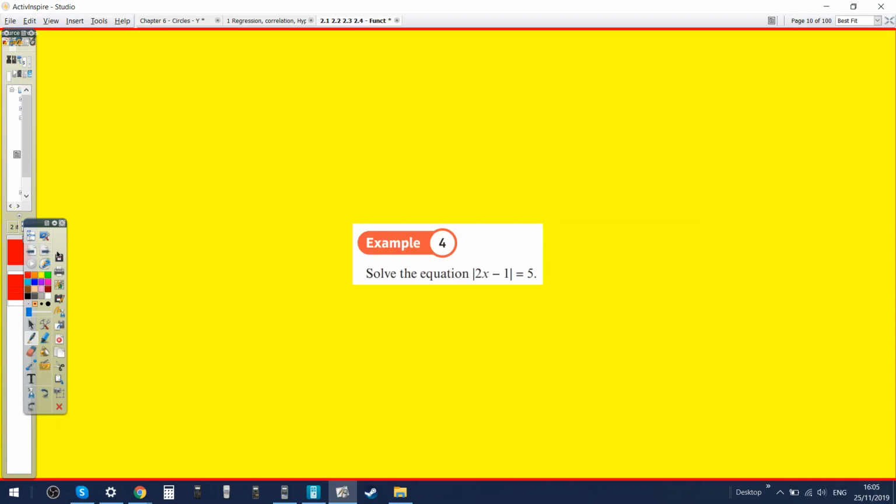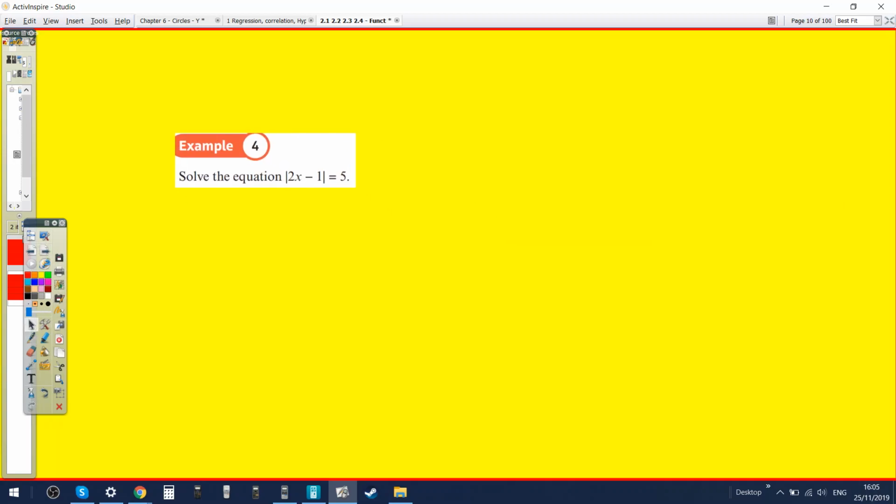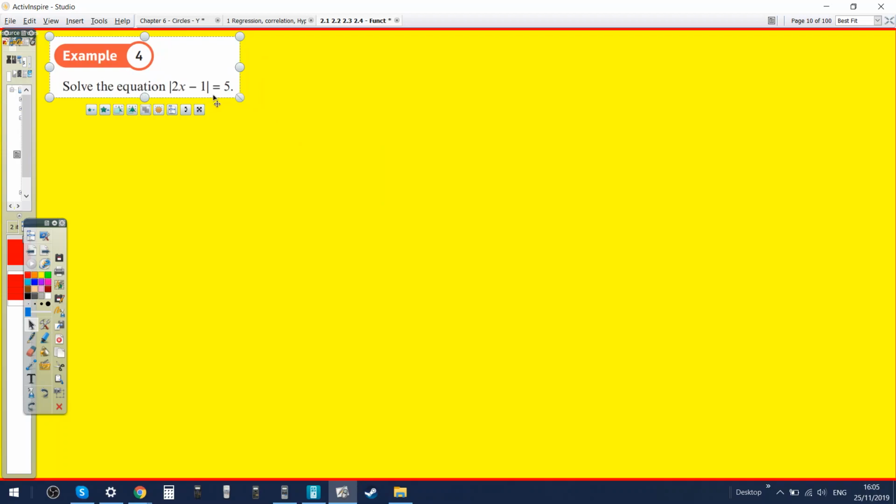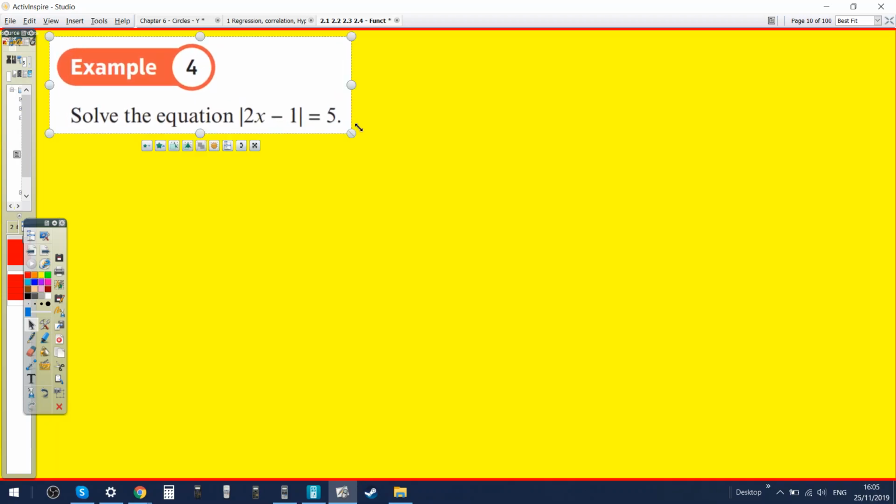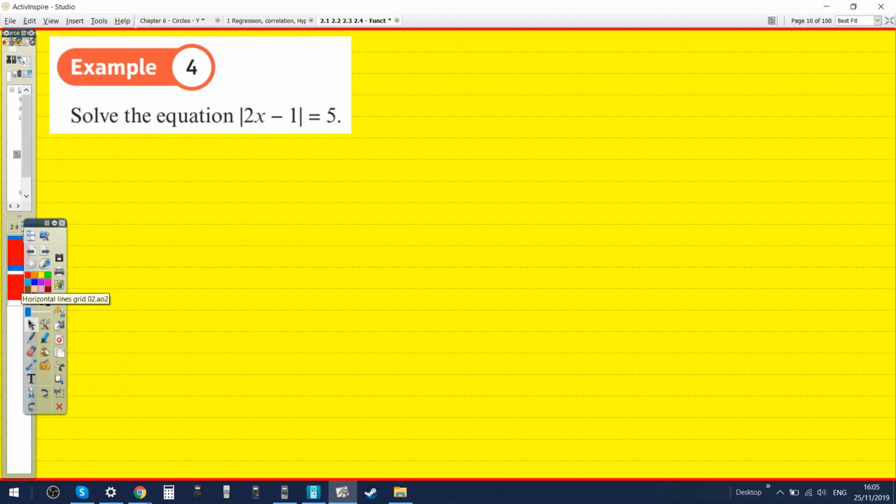That's great. Right, okay. Any idea how you solve this equation? Inside of the modulus, would it just be 2x plus 1?